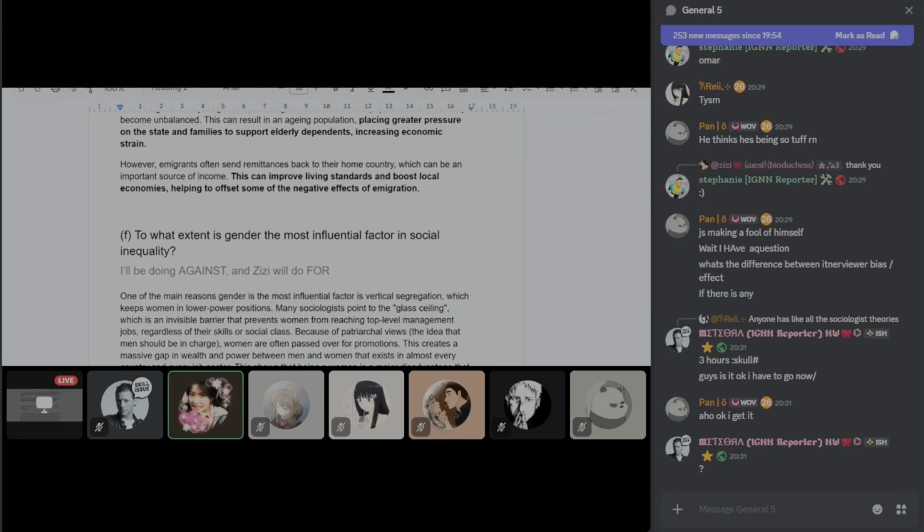Okay, so if not, before we finish off this session for today, just a few quick reminders for Sociology Syllabus 0495. The best way to get comfortable with the 'to what extent' or 'evaluate' questions is to keep writing them.